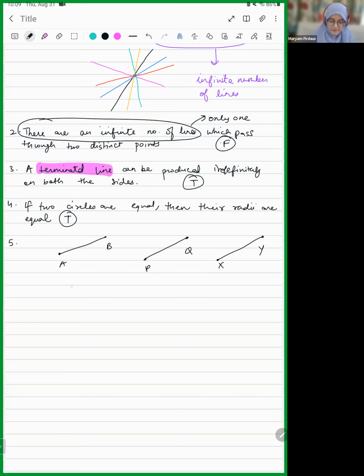They are saying if AB is equal to PQ and PQ is equal to XY, then AB is equal to XY. Is this true or false, Zen? Zen, is this true or false? I can't hear you. Okay, Munir.